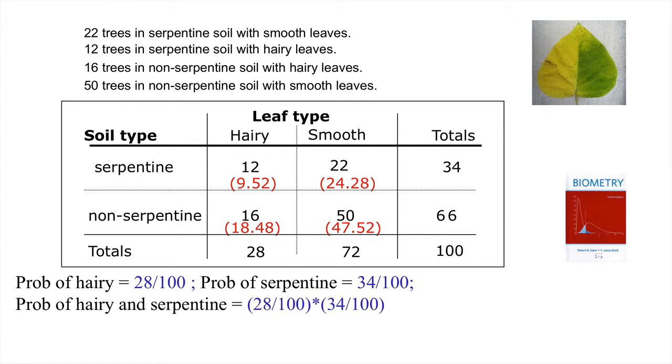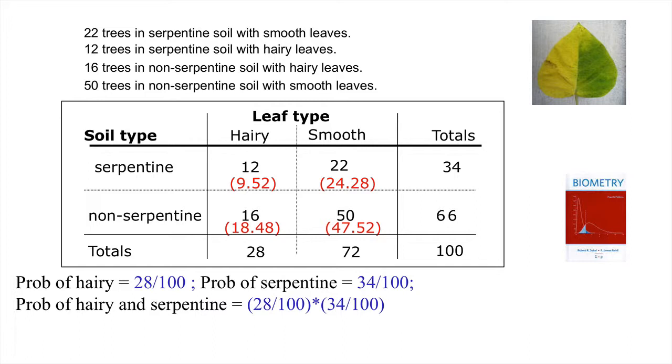What's the probability of both being hairy and serpentine? Well, if they are independent forms of classification, then the probability of this and this arising is 28 upon 100 times 34 by 100. Now, that's the overall probability of hairy and serpentine, assuming they're independent.